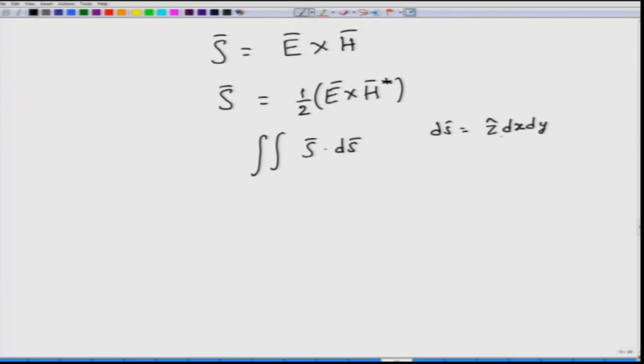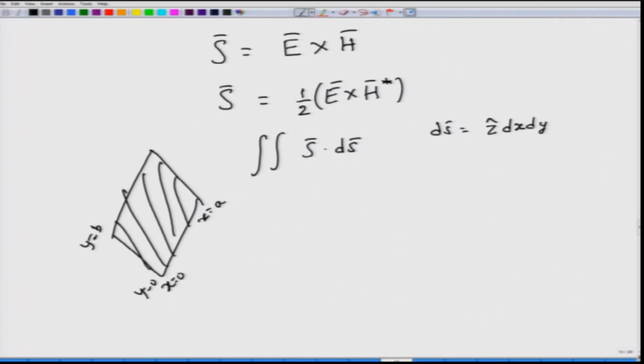I hope that you remember this surface integral concept, and whatever surface you consider, which has certain bounds, say x equal to 0 to x equal to a, y equal to 0 to y equal to b, over this surface, if you know the S vector, which is the Poynting vector, then you can integrate over that limit and obtain the time average power that is being carried by this particular wave. So, this is the time average power.